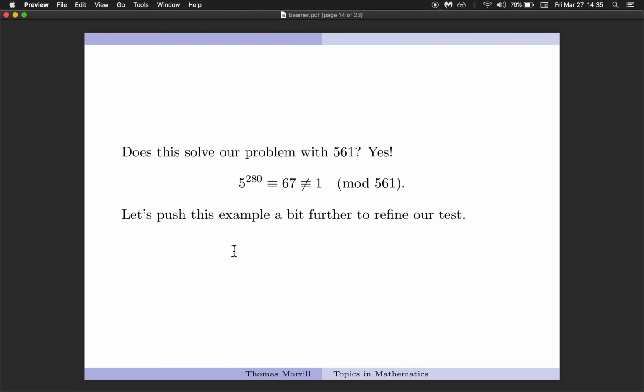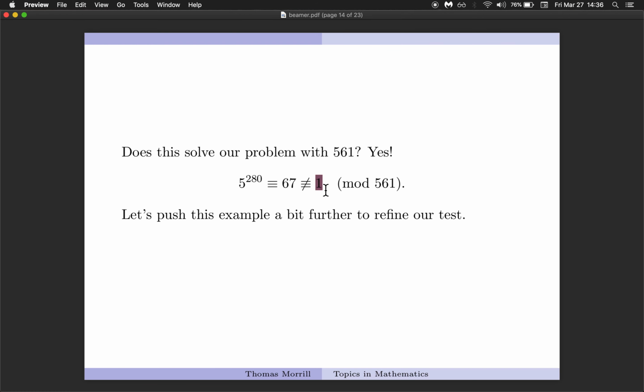And yeah, it does. So if I take a equals 5, I already know from last time 5 to the power 560 is 1 modulo 561, and I know that because 561 is a Carmichael number. We actually proved that any of these residues to the power 560 will give me 1 mod 561. But if I look to half of that exponent, if I calculate 5 to the power 280, I'll get 67.